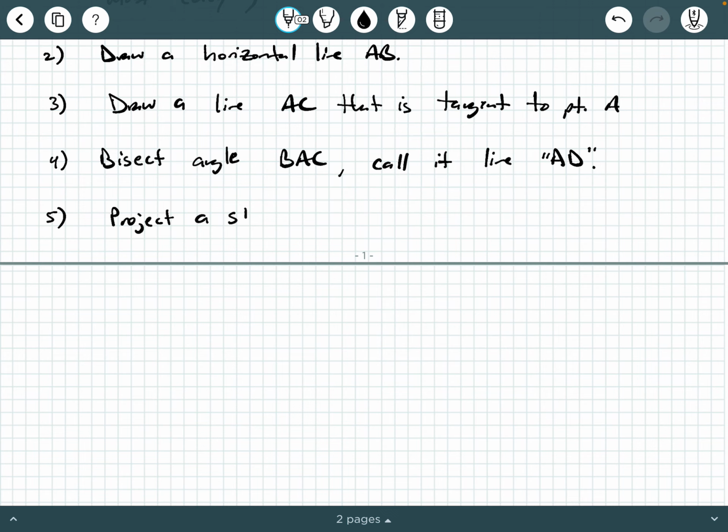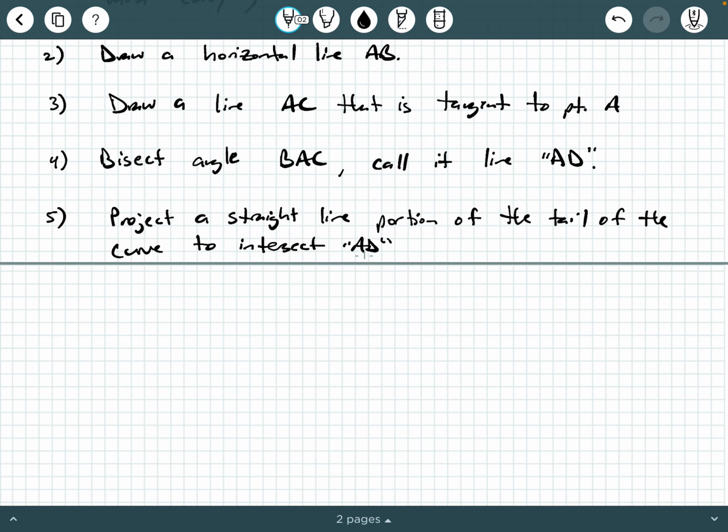straight line portion of the tail of the curve to intersect AD.